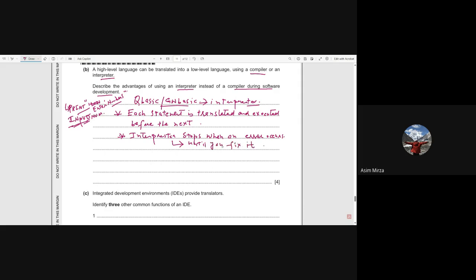You make it correct, then it will move on to the next statement, right? That is very helpful in the development phase, because the programmer can fix the errors at an early stage, right?